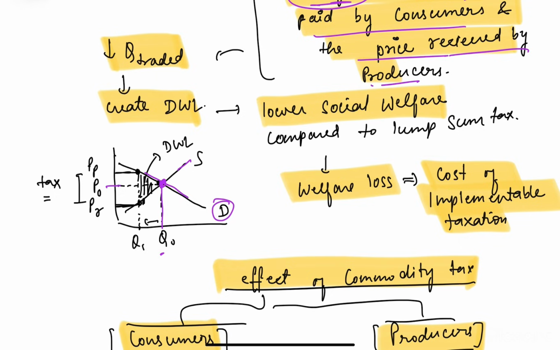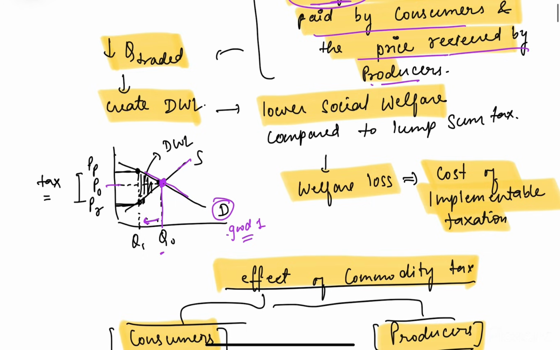But because there's a tax on this commodity, we will consume less of this good, so we move towards the q1 level of consumption. At this level, pr is the price received by the producer, and correspondingly pp is the price that is paid by the consumer.